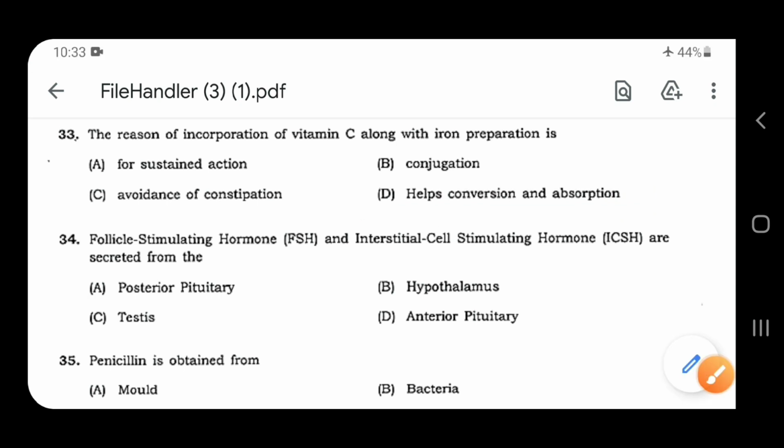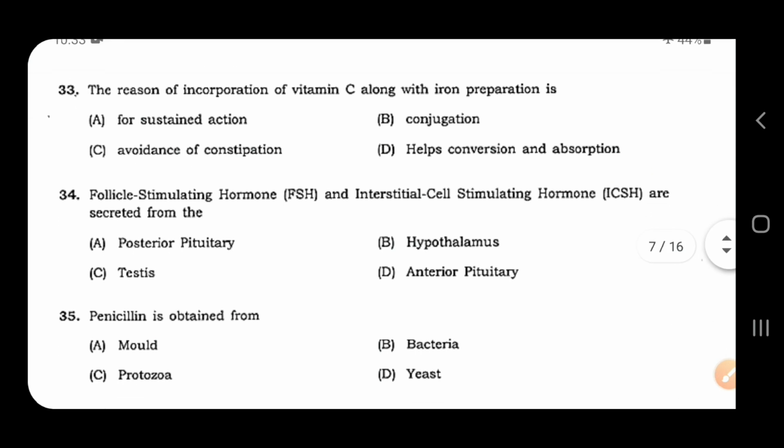Next is question number 34. Follicle stimulating hormone, that is FSH, and interstitial cell stimulating hormone, that is ICSH, are secreted from the posterior pituitary, hypothalamus, testes, anterior pituitary. We know that from the posterior pituitary mainly two hormones are secreted, which are oxytocin and antidiuretic hormone or vasopressin.